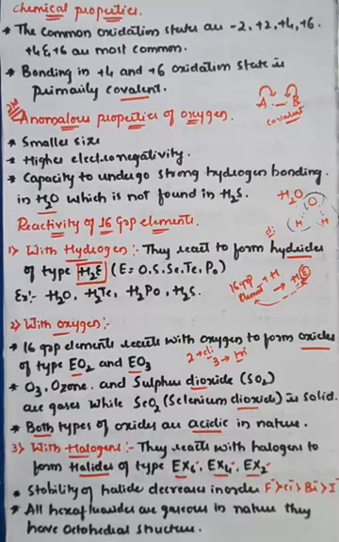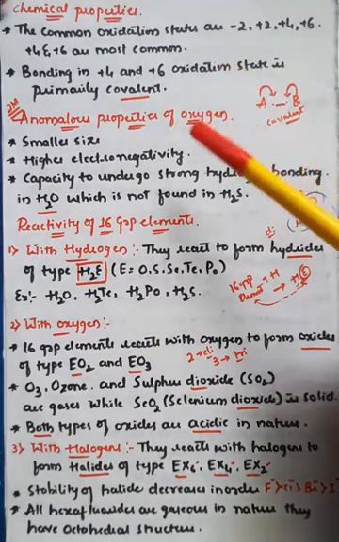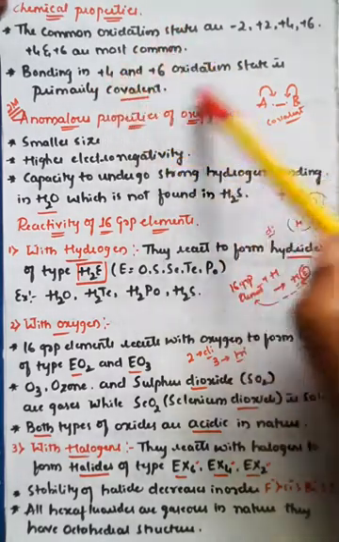So whenever the 16 group elements react with halogen atoms, they can convert into the halide form, right? Out of these 3 halides, hexahalides can bond with 6 halogen atoms, because the oxidation state of this 16 group is generally +4, +6 as well as +2.